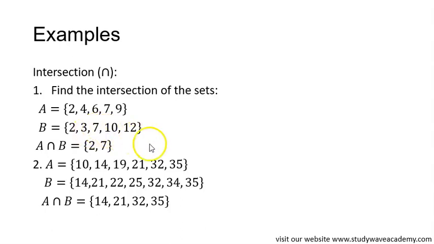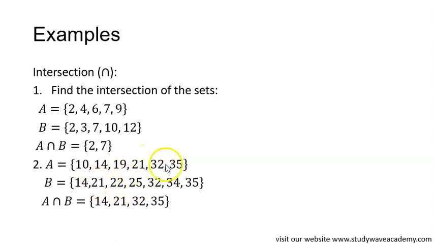Okay, let's look at another example. Set A has 10, 14, 19, 21, 32, and 35, and set B contains 14, 21, 22, 25, 32, 34, 35. We are to look for the intersection between these two sets. That is the common elements, right? And here the elements are numbers, so we are looking for the common numbers. Set A has 10, but set B doesn't have 10. Set A has 14, set B has 14. Set A has 19, set B doesn't have 19.